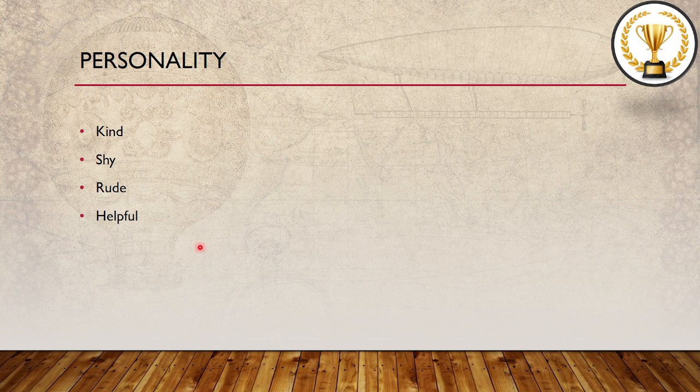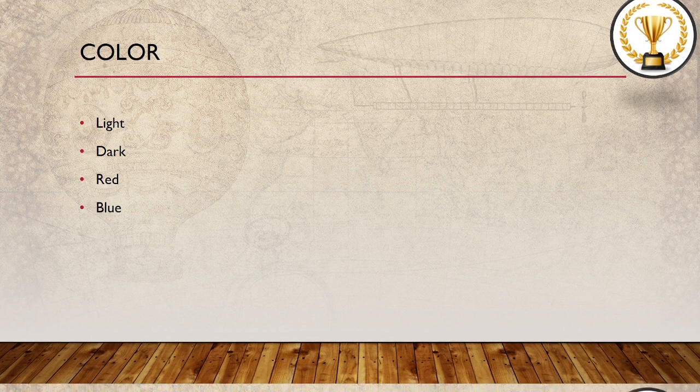So these are examples of adjectives. Next, color. Light, dark, red, blue. These are colors. So according to these colors, you can say light dress, dark day, red frock, blue denim. So these now are also adjectives that describe a noun with the description of color, right?